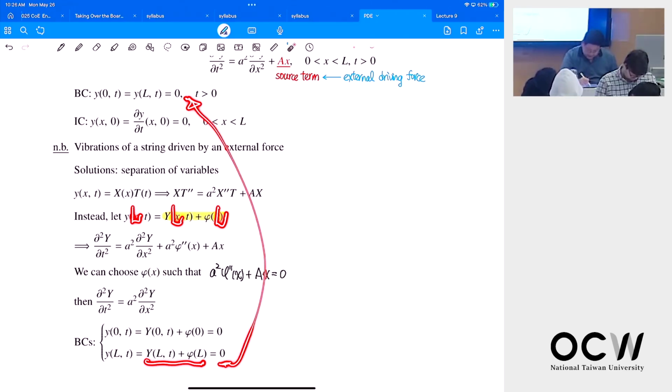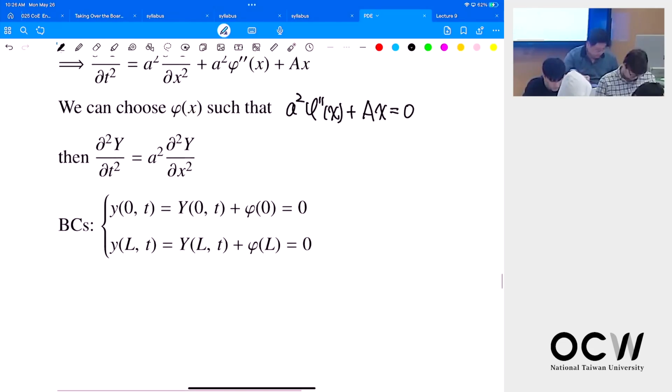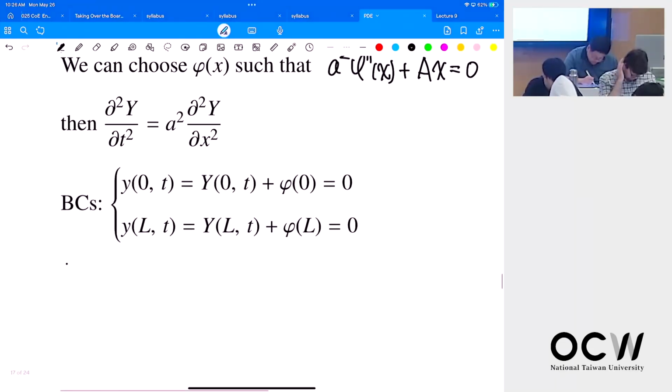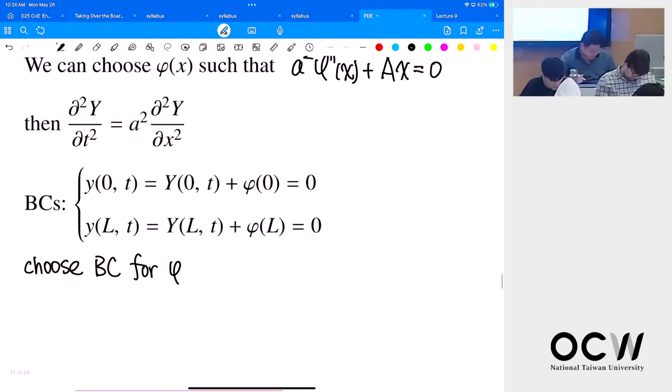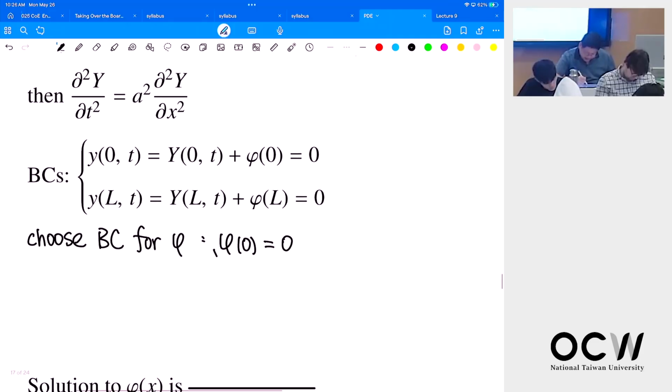So in this case, we can choose phi of 0 equals 0, phi of L equals 0. So we choose the boundary conditions for the phi function. So phi of 0 is 0, and then phi of L equals 0.